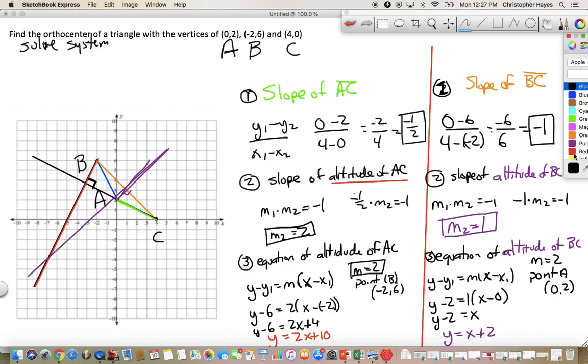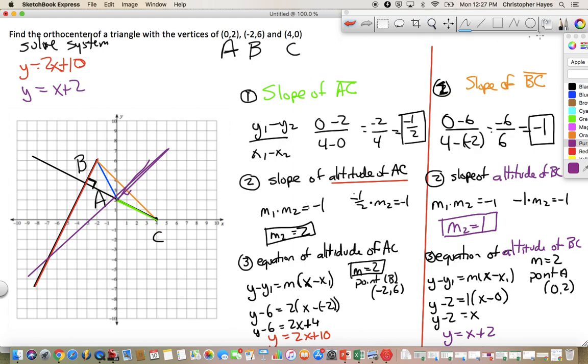So if this line in red here is y equals 2x plus 10, and this line in purple here is y equals x plus 2. Well, here are all the solutions for the purple line. Here are all the solutions for the red line.